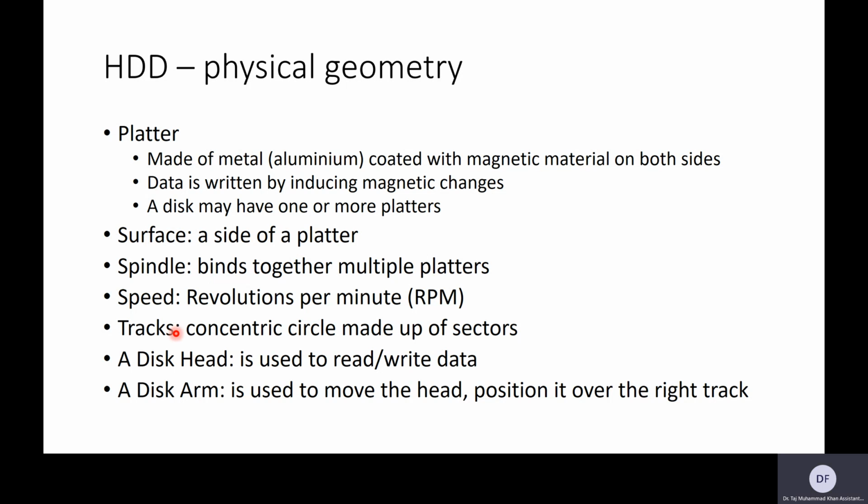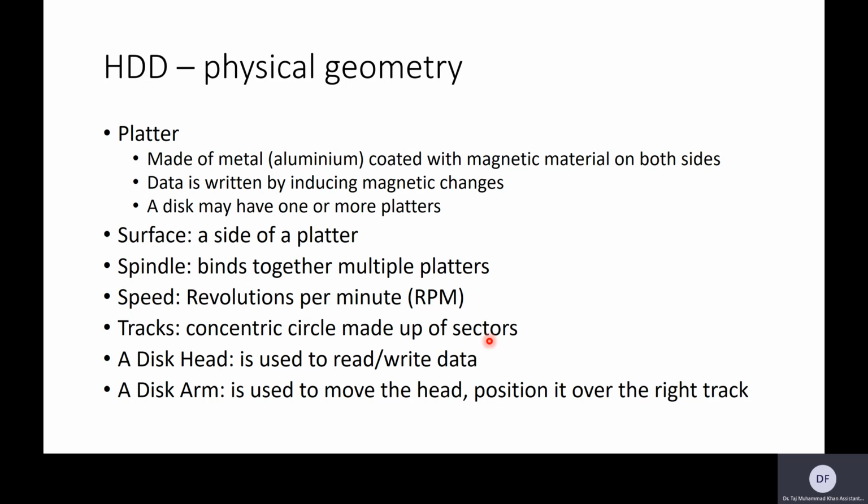So on a surface of a platter, on one side of a platter, you have basically concentric circles. Okay? And these concentric circles, one inside another, are called tracks. Okay? And these tracks are composed of sectors.